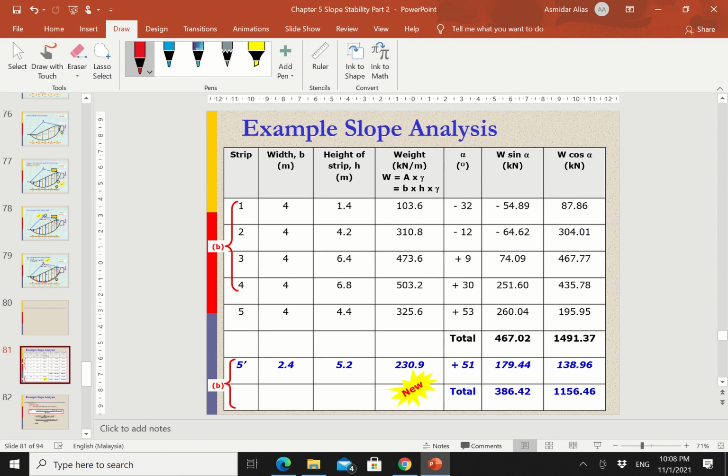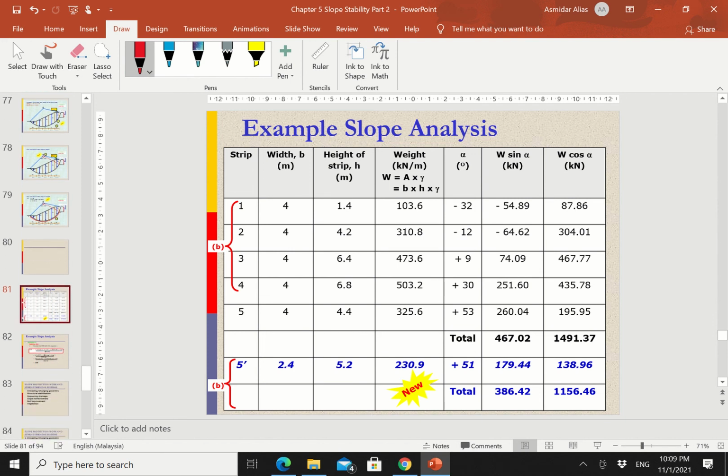So right now, to solve for tension crack without water, use the values of strips number 1, 2, 3, 4, and then number 5 with the new values.